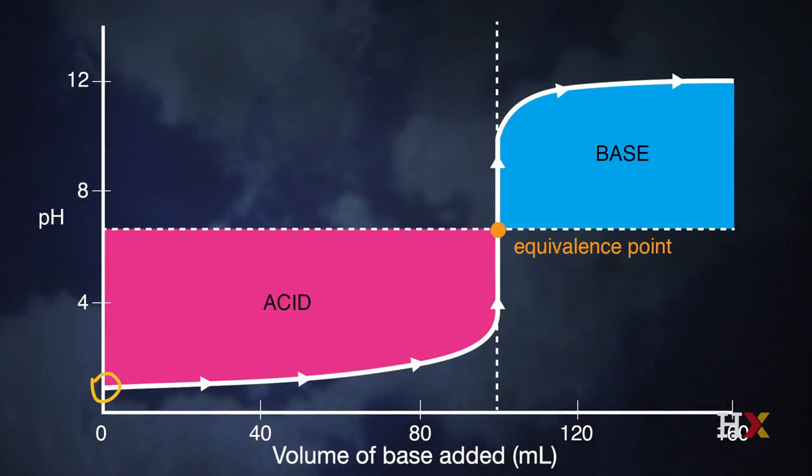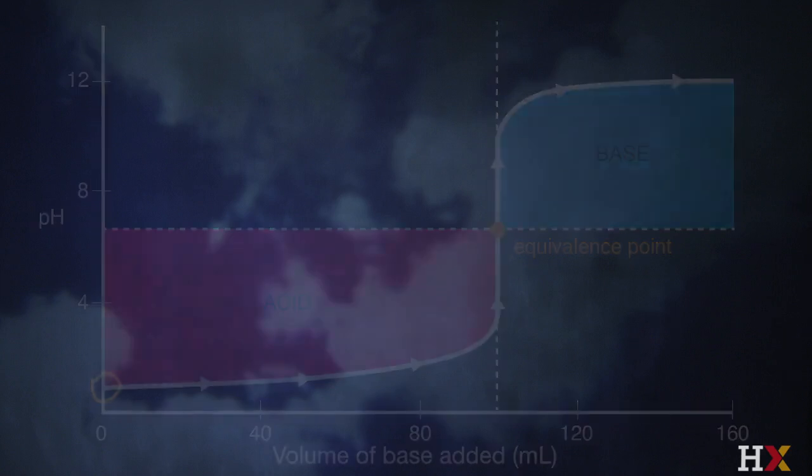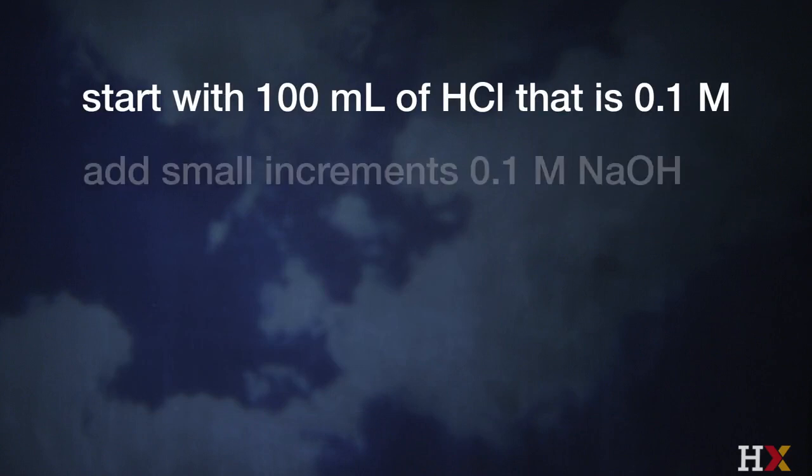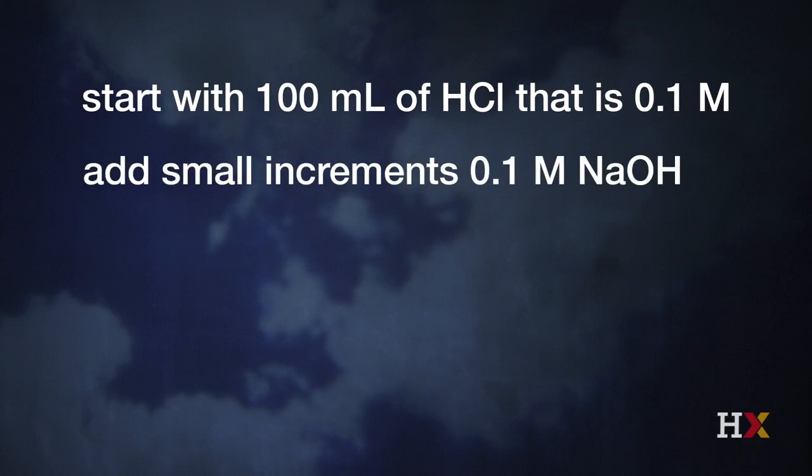So our initial condition is a calculation of the pH of that acid solution before we've added any base to it. So suppose we start with a 100 milliliter solution of hydrochloric acid that's a tenth molar in acid concentration. To this mix, we're going to add small increments of sodium hydroxide.